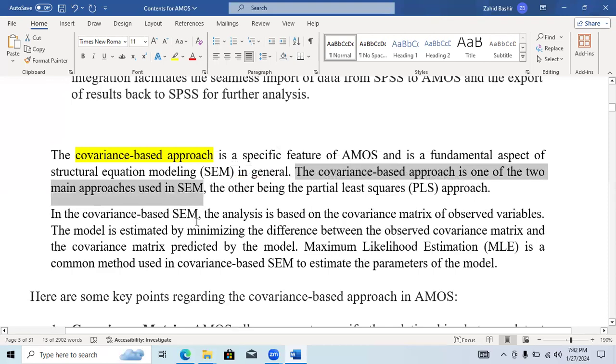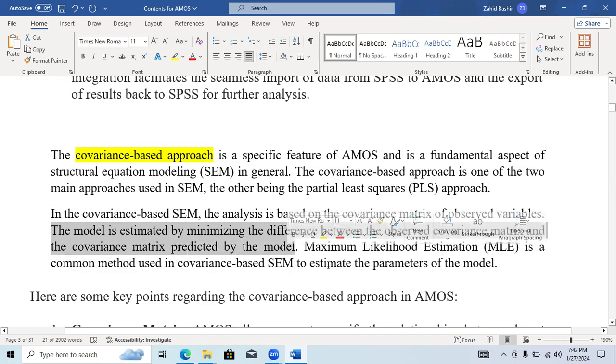In covariance based SEM, the analysis is based on the covariance matrix of observed variables. The model is estimated by minimizing the difference between the observed covariance matrix and the covariance matrix predicted by the model. So you need to understand that AMOS will automatically predict a covariance matrix, and it will compare it with the covariance matrix which is estimated by us using AMOS.